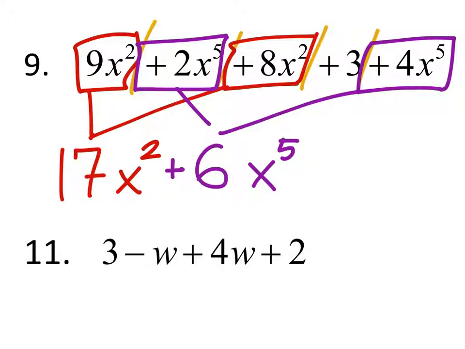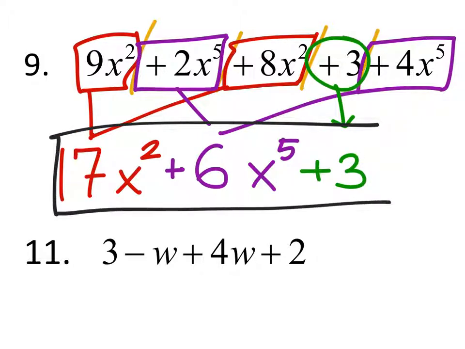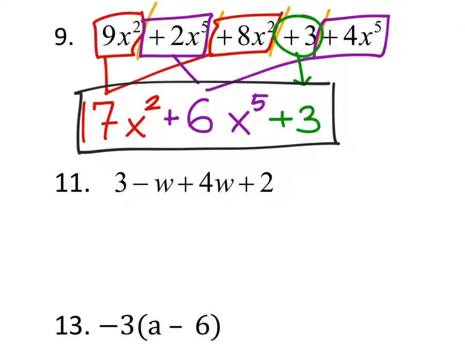Now that 3 is just sitting there, that's fine. It has no other like terms to combine with, so we'll just write it in down here. And this is the simplified form of that expression. Obviously. So number 11 works like that. But you guys remember the coefficients are the numbers in front of the letters.